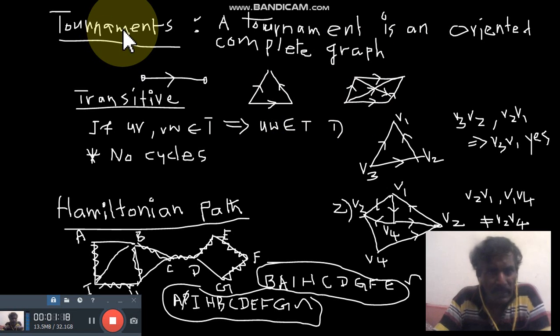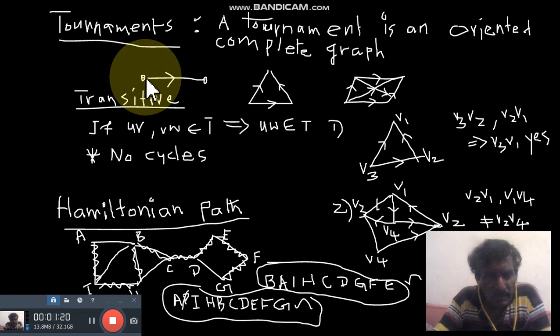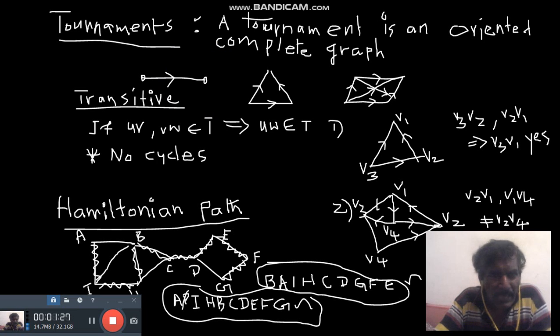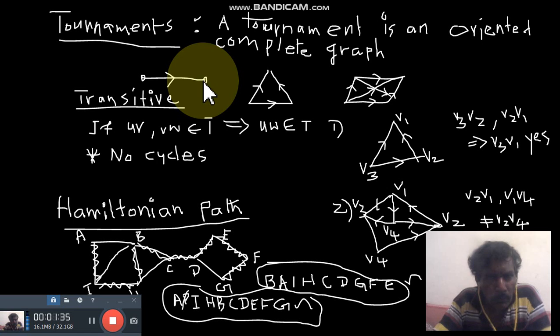Why do we say tournaments? These vertices we are treating as players, and this arc is treated as the winner. It implies he is the winner and he is the loser.